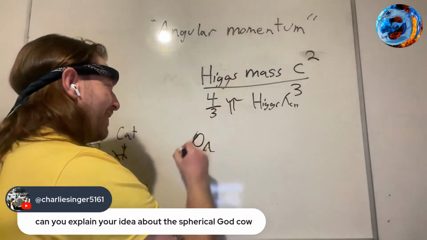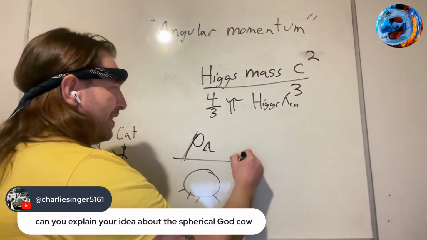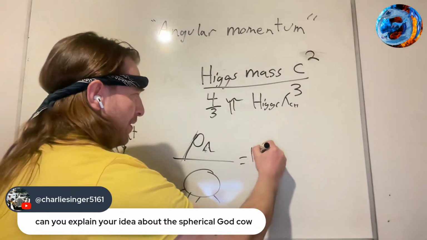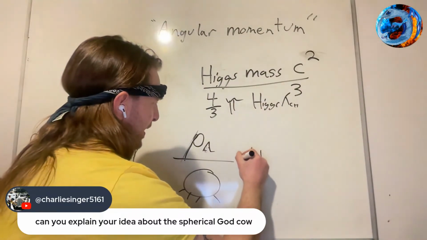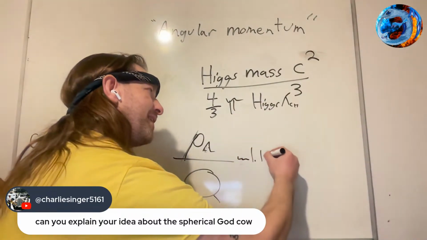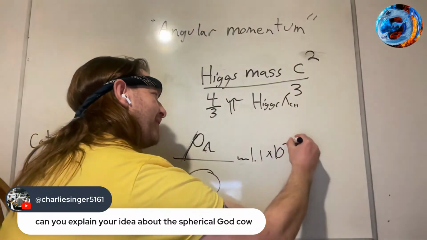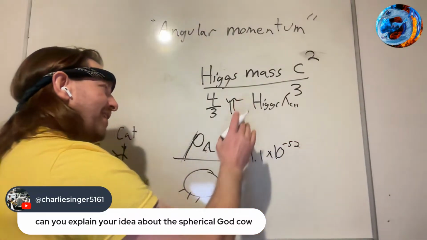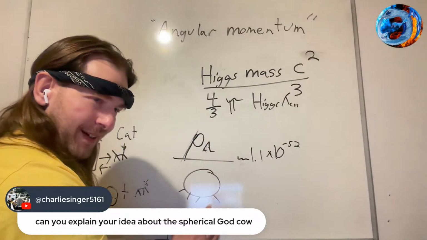So basically when you take that, you divide it by the cow, you get basically 1.1. And again, excuse me, it's not equal, it's approximately, we want to be honest here, times 10 to the minus 52. And it's a dimensionless number because this is an energy density divided by an energy density.